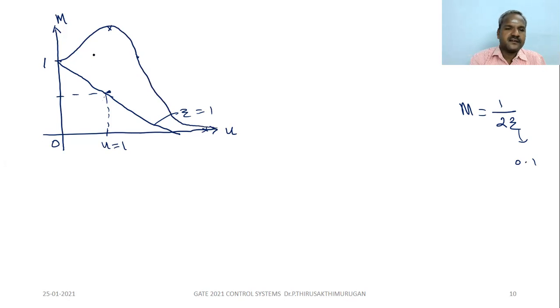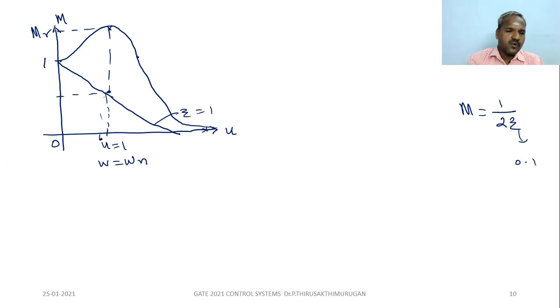When u equal to 1, that is omega equal to omega n, it goes to a peak. So this peak is called resonant peak, MR. So when u equal to 1, this is called UR. So omega R. When the system frequency equals the natural frequency of oscillation, then it is called resonant frequency.